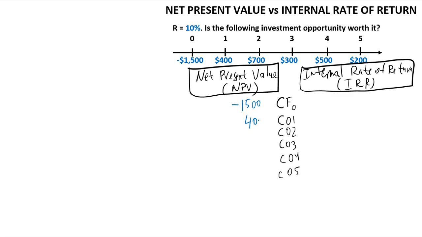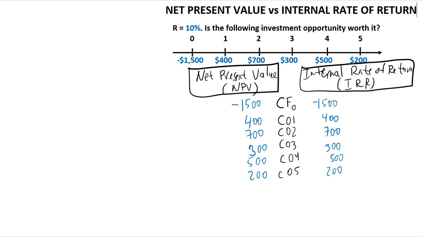Then you get back $400 in year 1, that's cash flow 01, then $700, then $300, then $500, then $200. It's exactly the same thing when you use the IRR approach. You will enter exactly the same cash flows for year 0 and years 1 through 5.